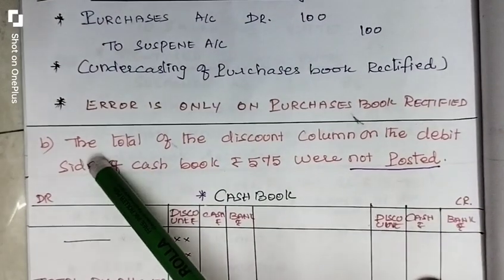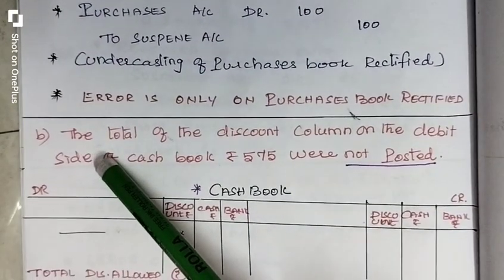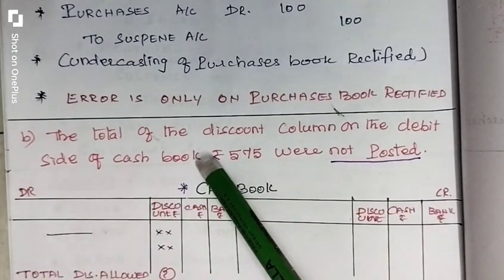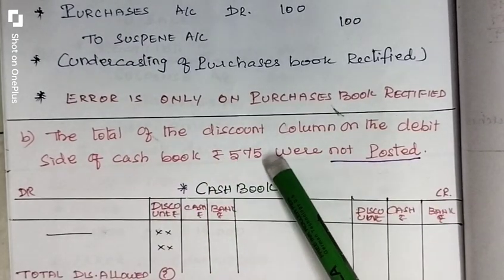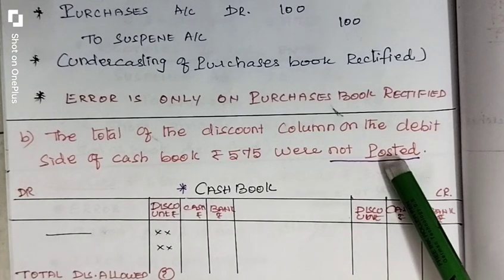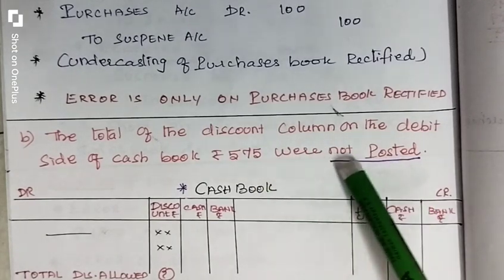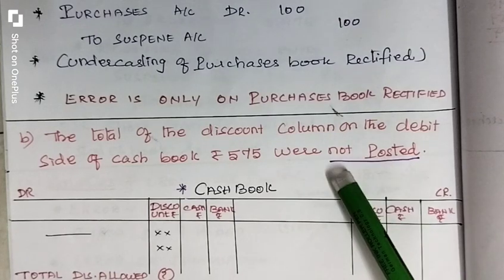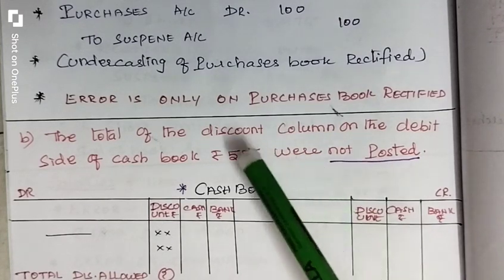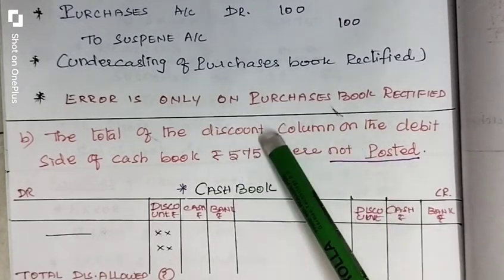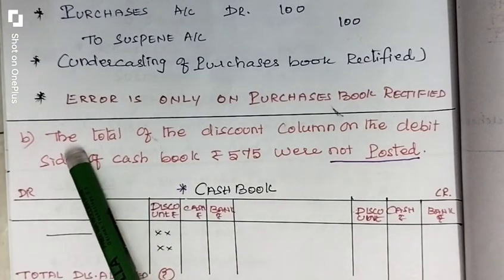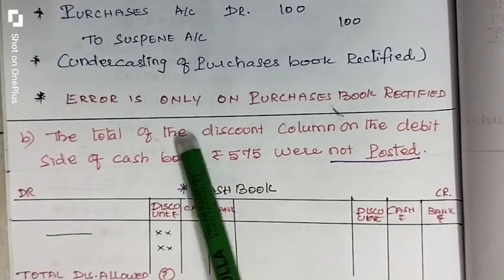The next transaction is the total of the discount column on the debit side of the cash book, rupees 575, was not posted. Not posted means omitted. An accountant forgot to enter the discount column. Let's read the transaction again. Here I create the cash book. For example, on the cash book there are three columns: discount column, cash column, bank column, on both debit and credit side.